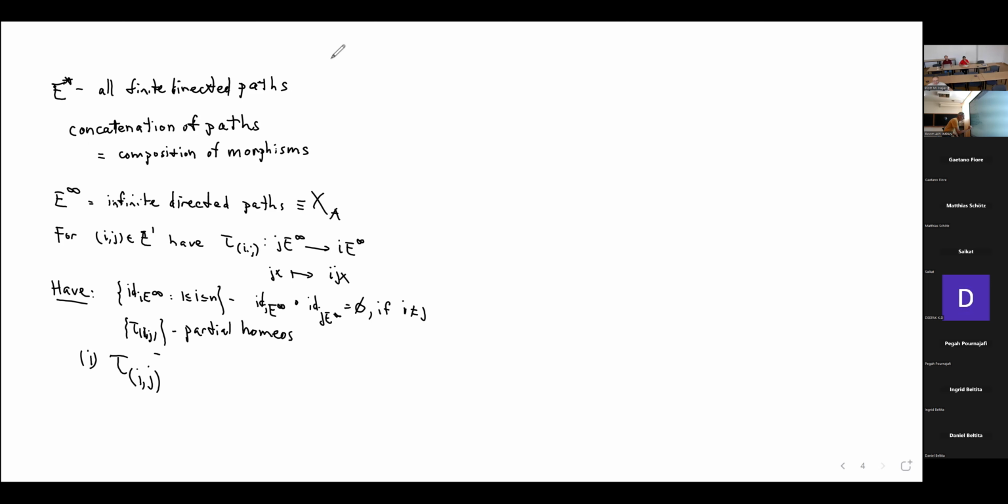So if we compose tau ij inverse with tau ij, we get the identity on j E infinity.